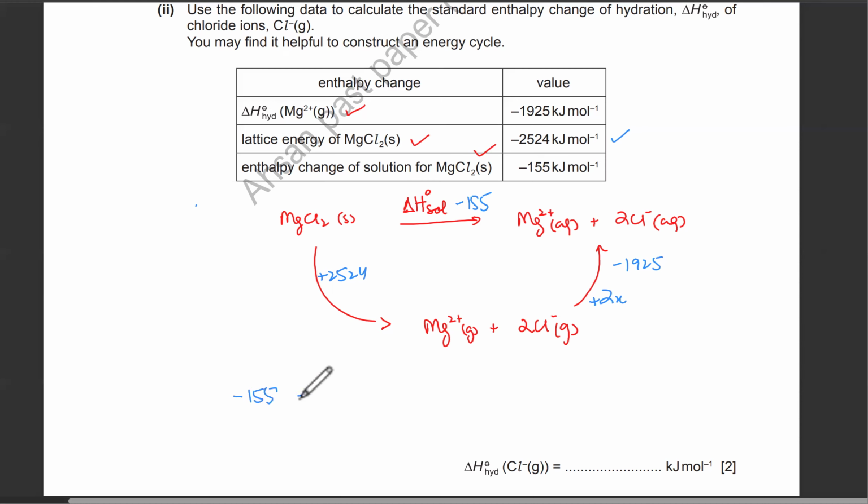So minus 155 is equal to 2524 plus 2X minus 1925, to find out what X is. What are you getting? Minus 377.